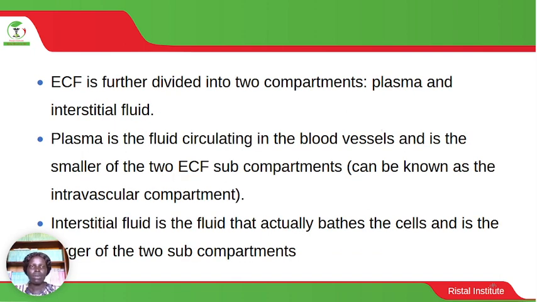The extracellular fluid compartment is further divided into two subcompartments. We have the plasma and the interstitial fluid. The plasma is the fluid circulating in the blood vessels and is the smaller of the two extracellular subcompartments.